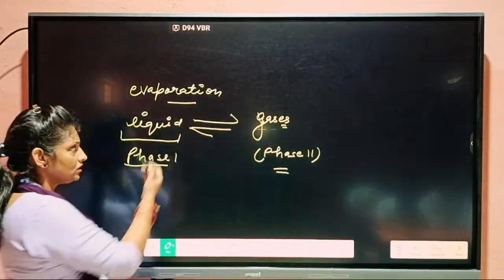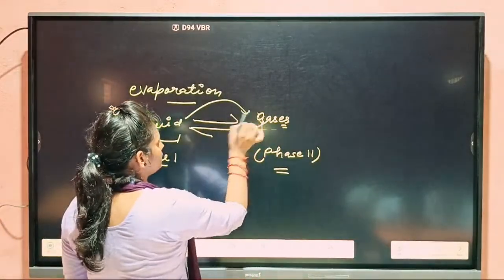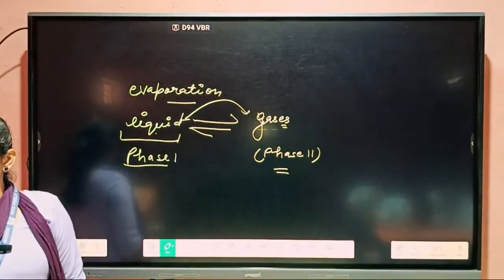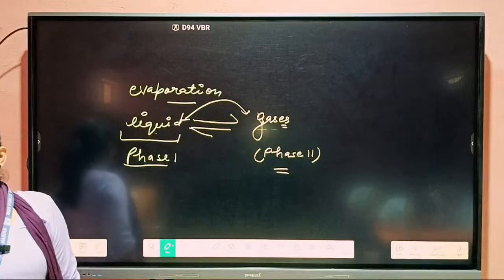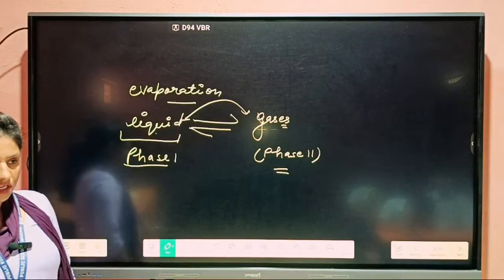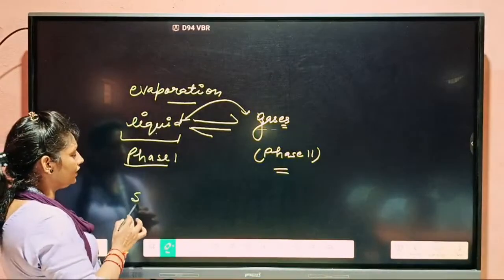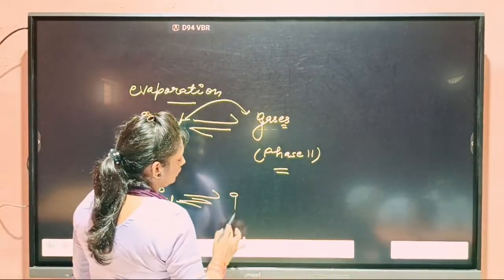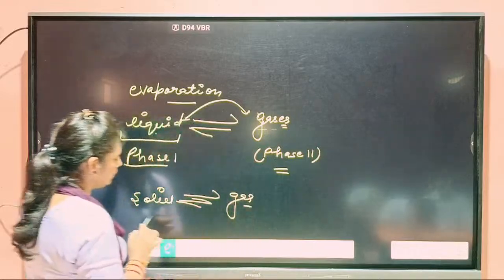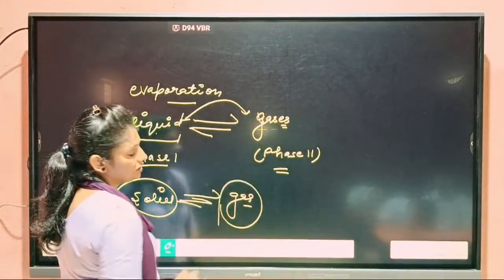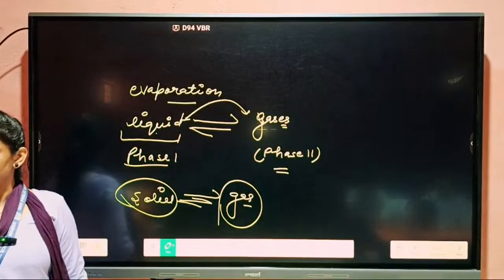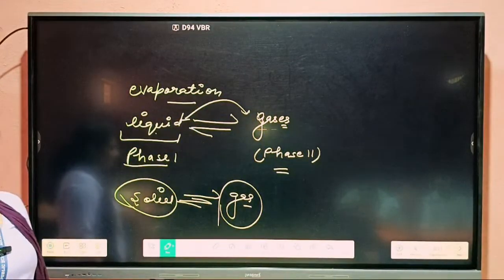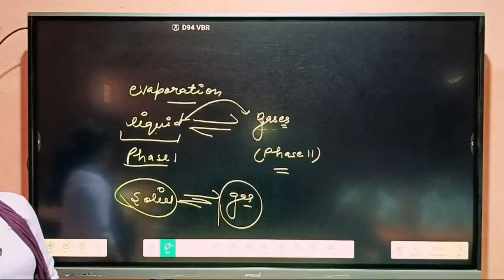If the mass of both phases is equal, then it is known as phase equilibrium. Clear or not? In case of sublimation, you know very well, solid converts into gas. So when the mass of both phases is equal, it is known as phase equilibrium. Clear to you or not?